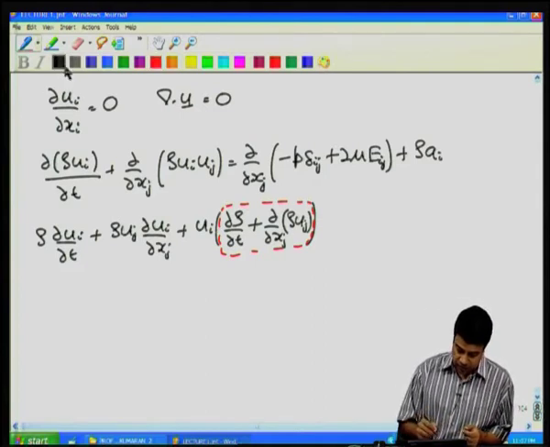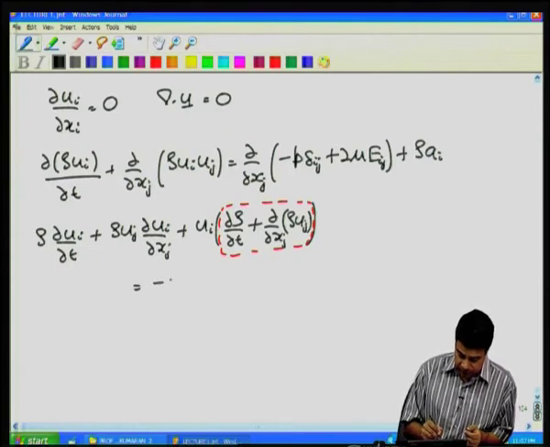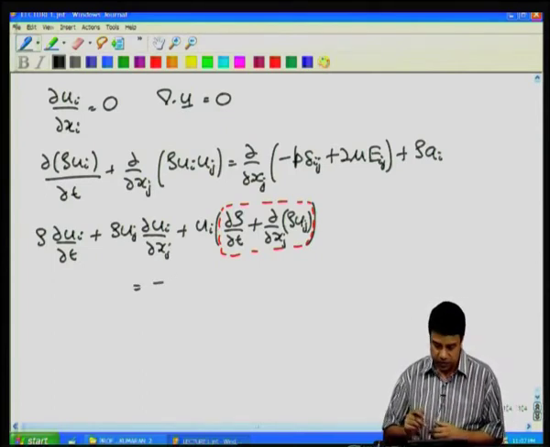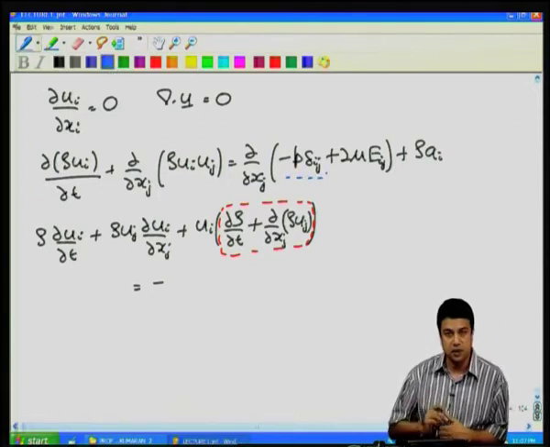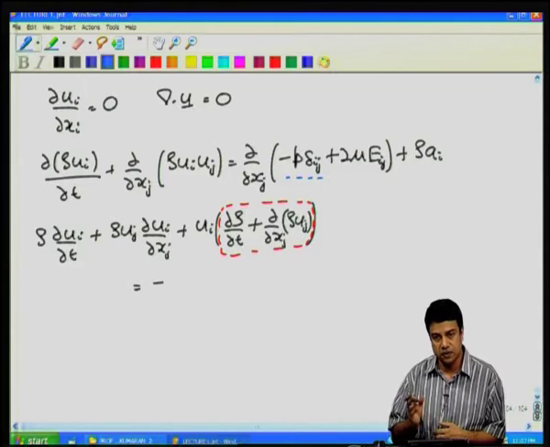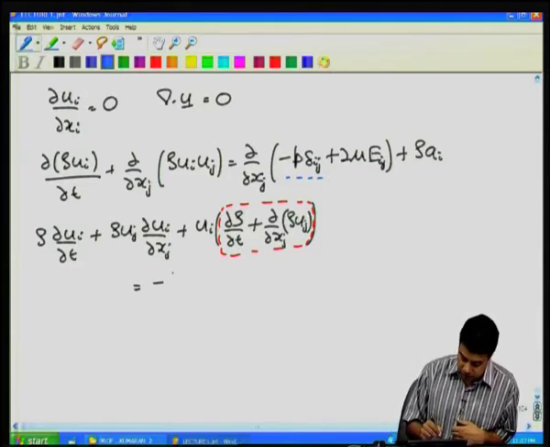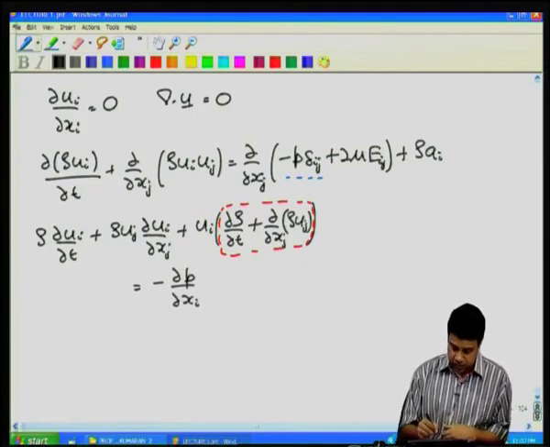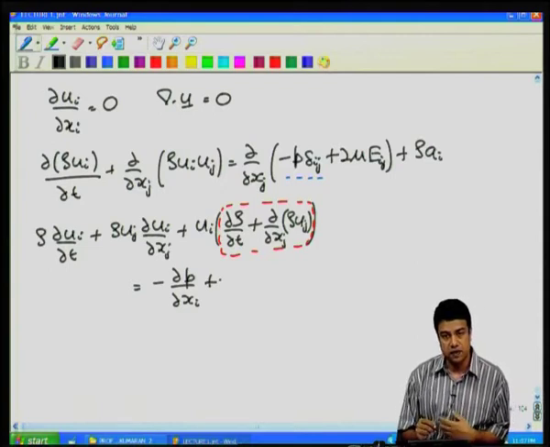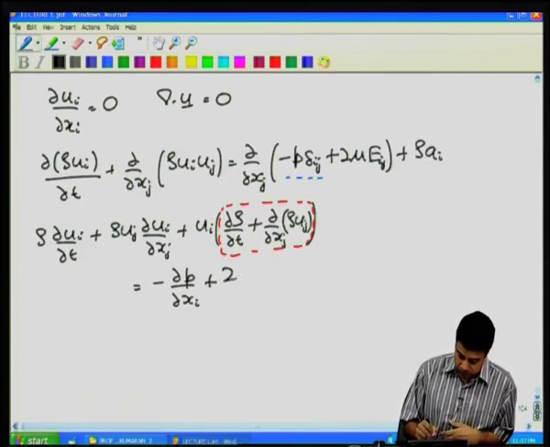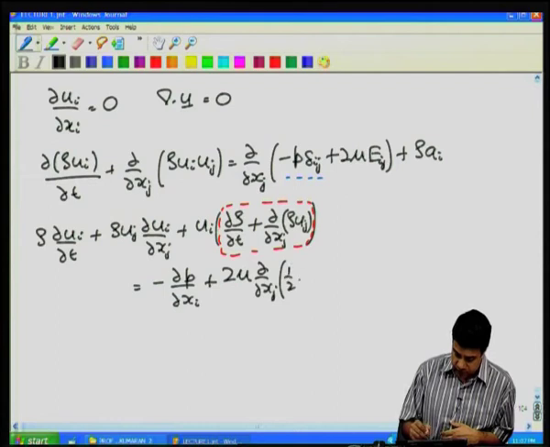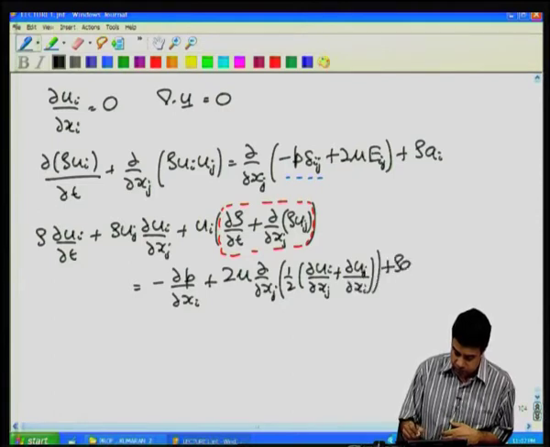On the right hand side, I have minus partial by partial xj of p times delta ij, which is non-zero only when i is equal to j. So, this is just equal to minus partial p by partial xi, plus the coefficient of viscosity. If that is a constant, you can take it out: 2 mu partial by partial xj of half partial ui by partial xj plus partial uj by partial xi, plus rho ei.